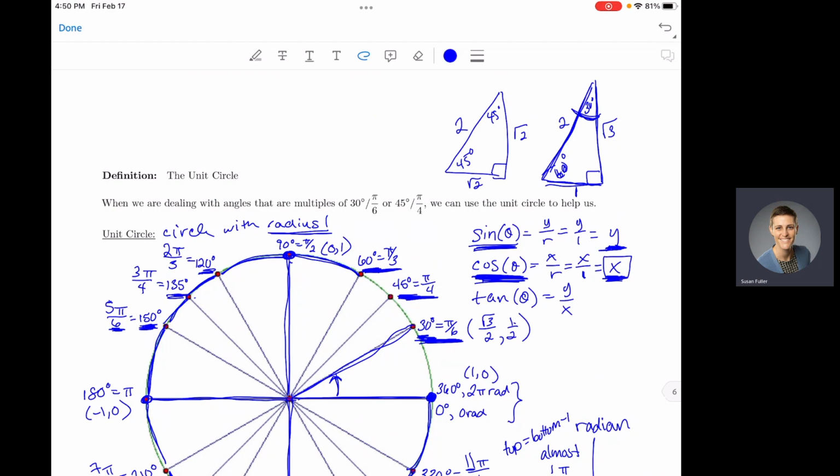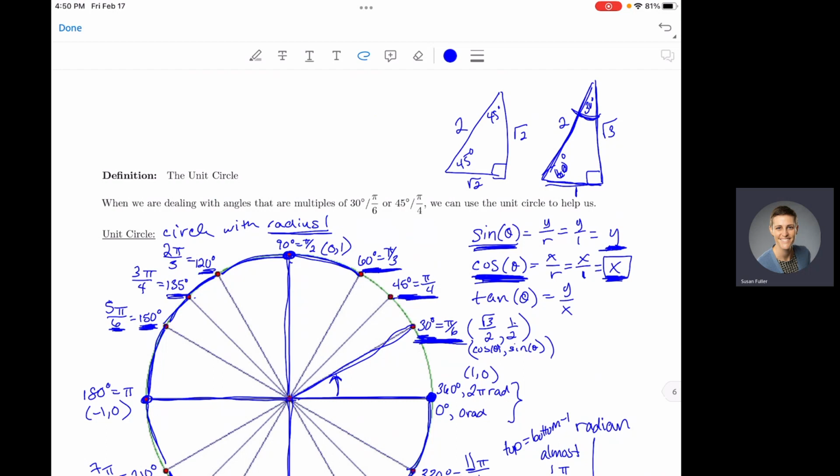So this is the ordered pair associated with 30 degrees. And again, our x value is the cosine of our angle, and our y coordinate is the sine value of our angle. That's what these ordered pairs represent. And that's how we're going to find the 3 in the first quadrant.